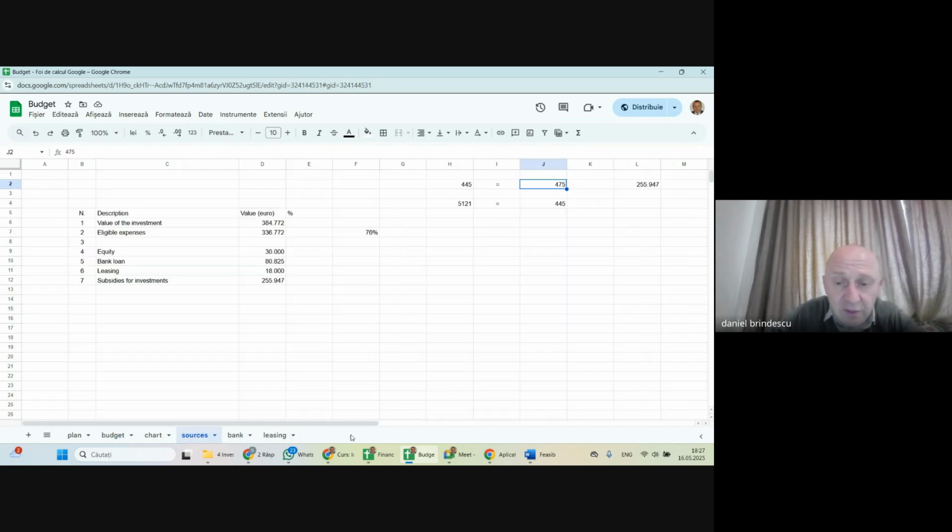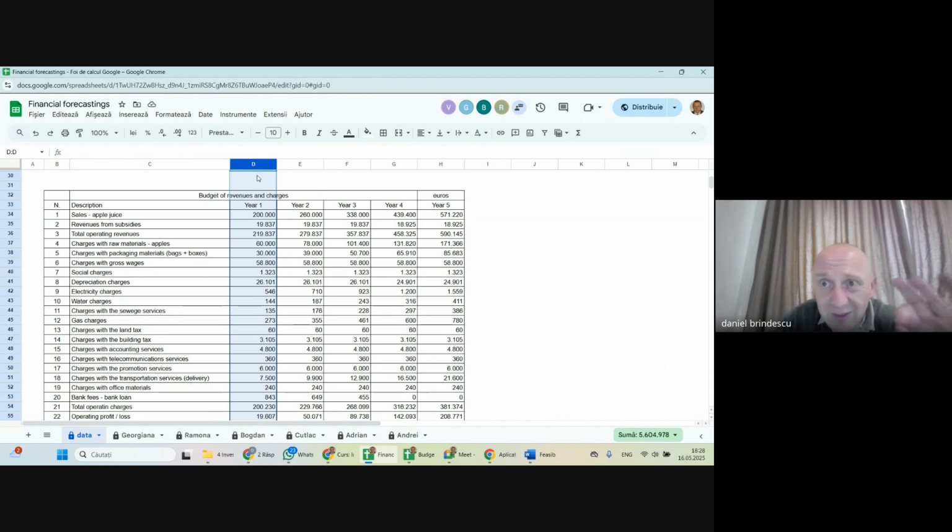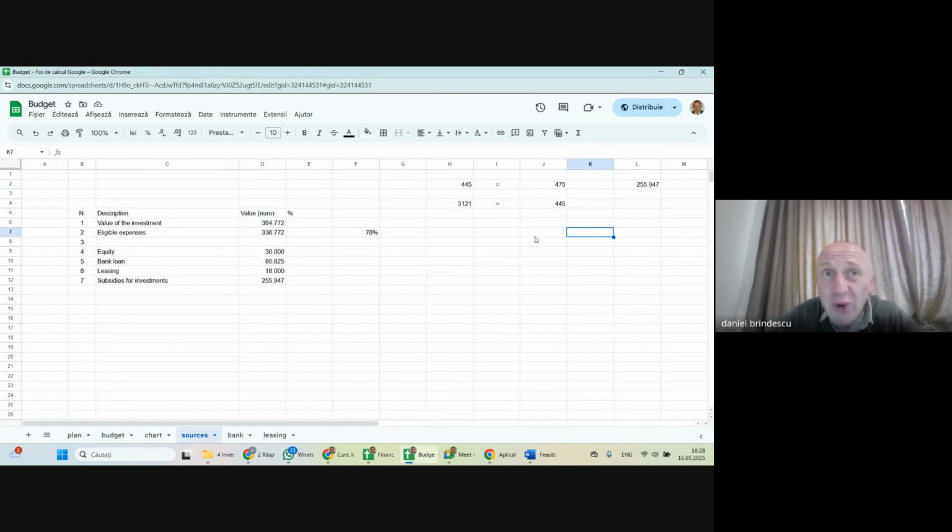So then the operating activity begins. So again, the subsidies at this point are already collected as cash. However, we registered no revenues, as you can see here, no revenues from subsidies.